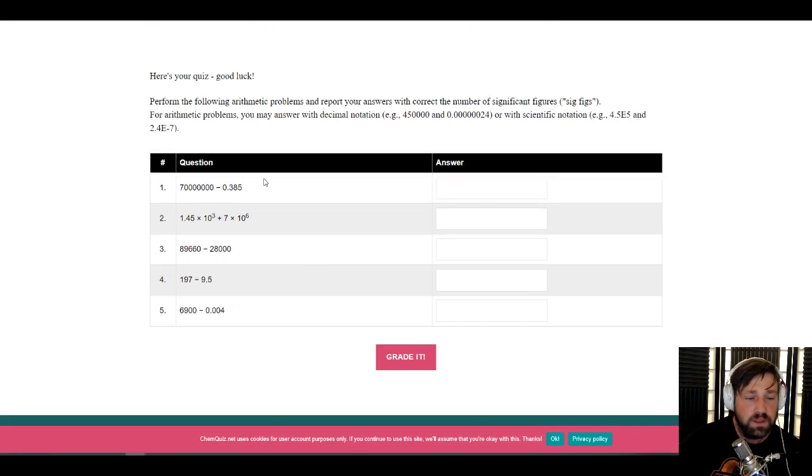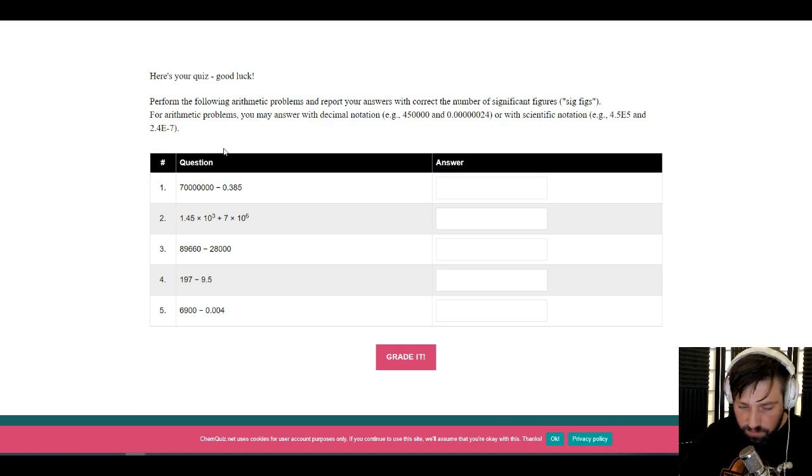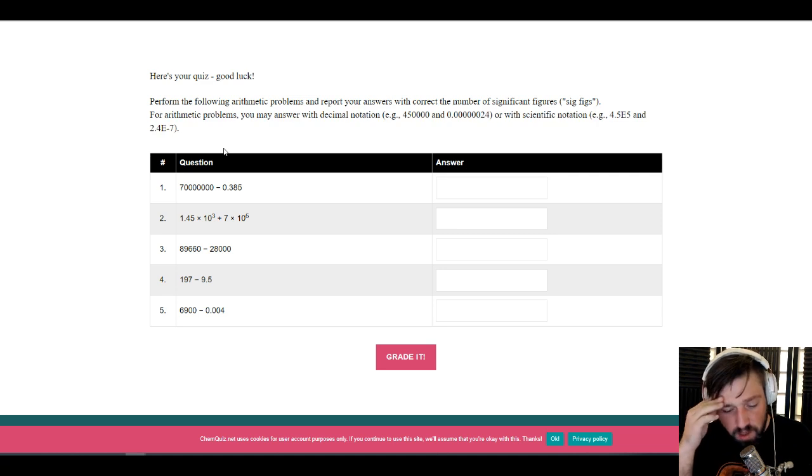Okay. So, the rules for addition and subtraction when it comes to scientific notation is you look at the 2 numbers you have, and then you figure out the places where the significant figures stop.